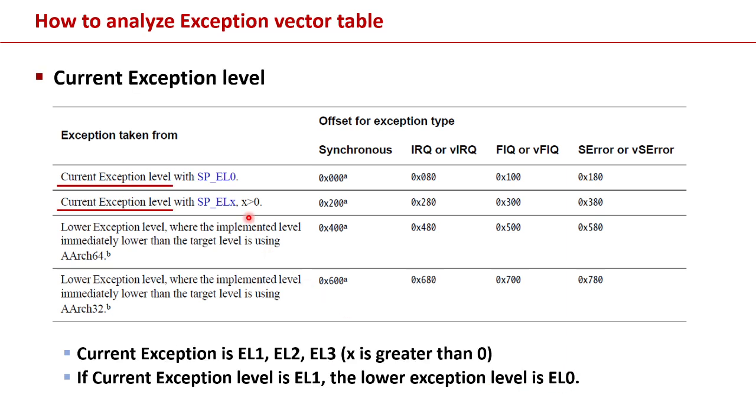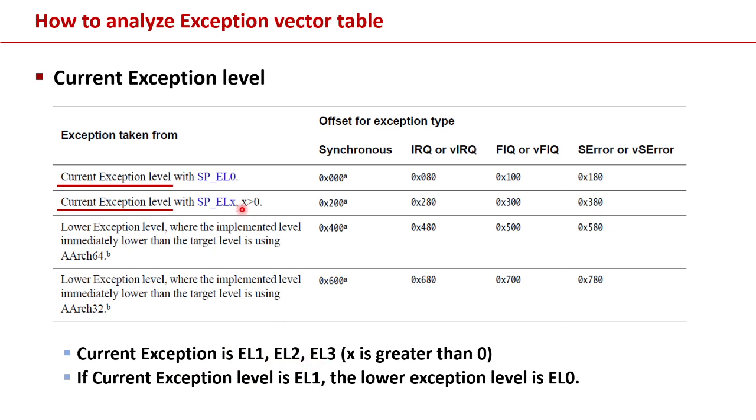Another thing you have to understand is the current exception level. What is the current exception level in the row? The current exception level in the table is exception level 1, exception level 2, or exception level 3.